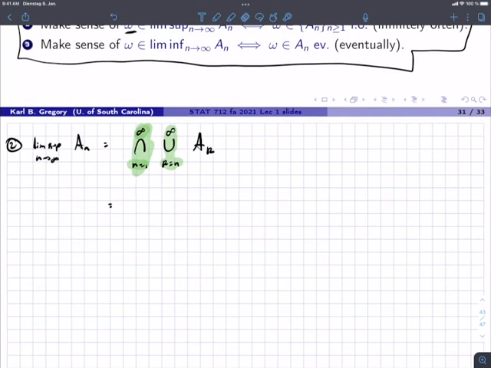So the way we can write this is: outcomes such that for all n greater than 1, this is coming from the intersection, there exists k greater than or equal to n such that the outcome is in A_k.